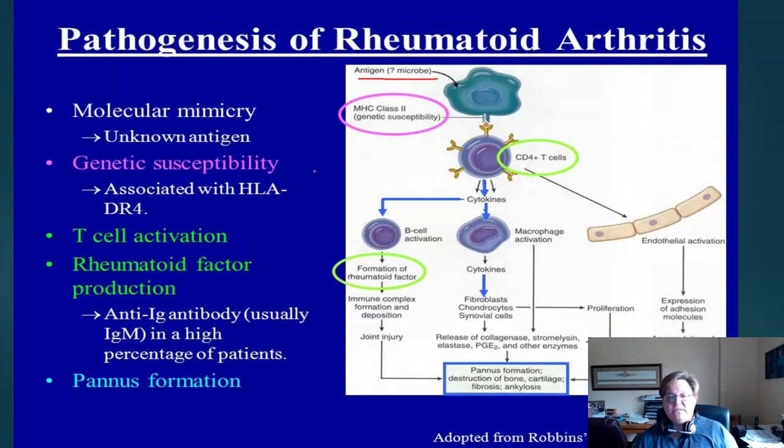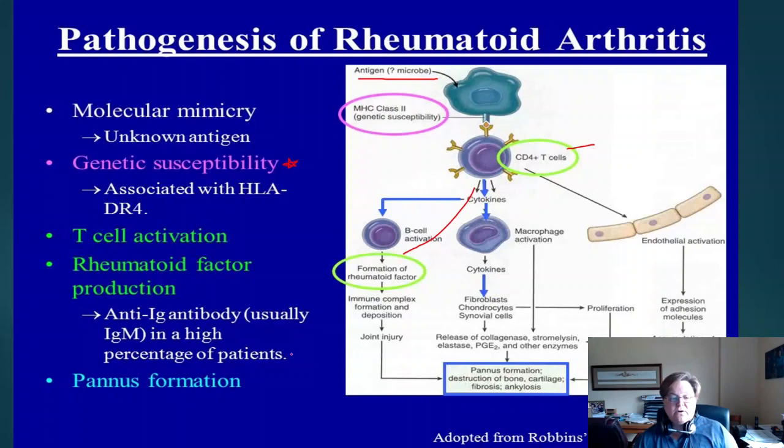We believe there's some genetic susceptibility, and they've been looking into that more thoroughly. What we do know is that once this antigen is activated, our CD4 T cells are activated, and that activates the cytokines and then the rheumatoid factor.